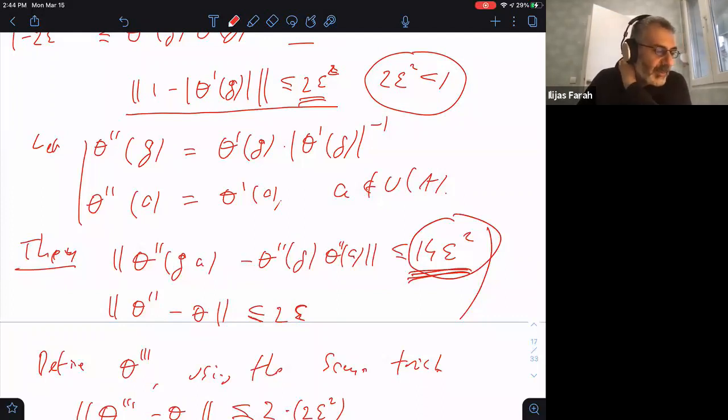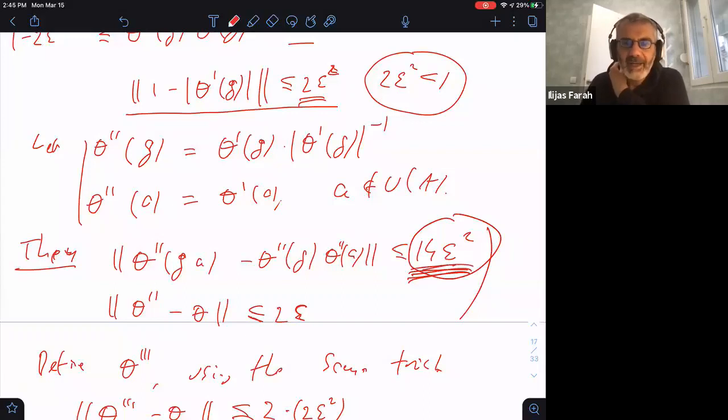I think that in their paper, it's some other constant. But this number 14 here, the answer is probably not optimal. We can probably get away with something better than that, but not that much better.